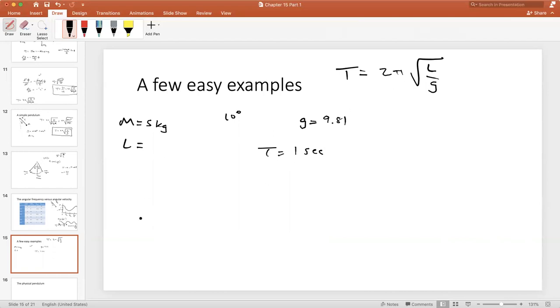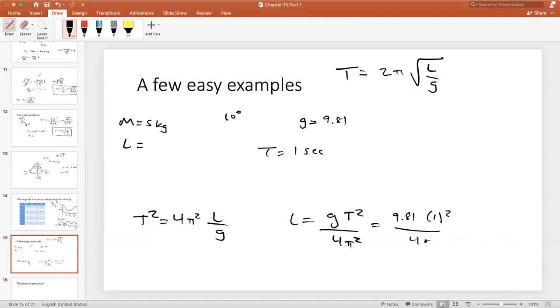So I need to solve this for L. And what I get here is T squared is 4 pi squared L over G, or L is G T squared over 4 pi squared, right? Okay, I know that T is 1, this is 9.81, this is 1 squared, this is 4 pi squared.